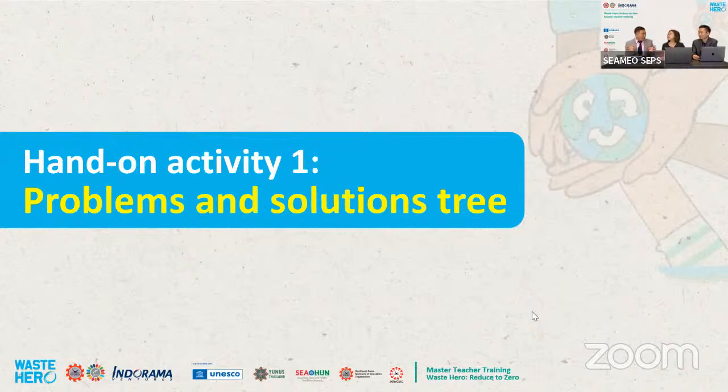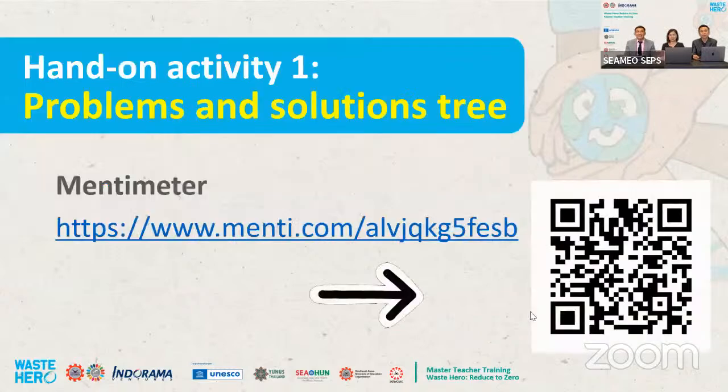Those 3 workshops I put into this one activity using Mentimeter, in the form of a questionnaire. What are the causes of the low rate of recycling? What are the effects of it, and what are the solutions? Are you ready? Please scan the QR code.